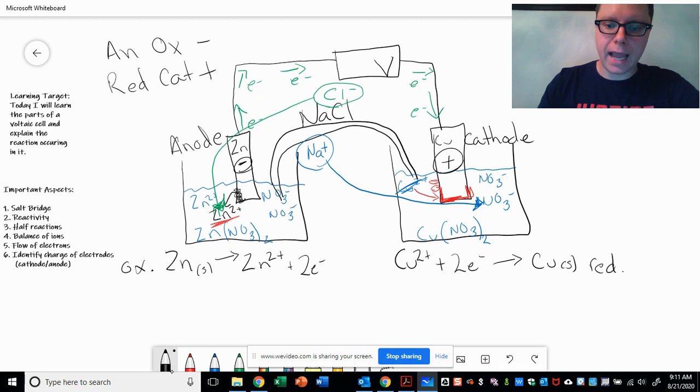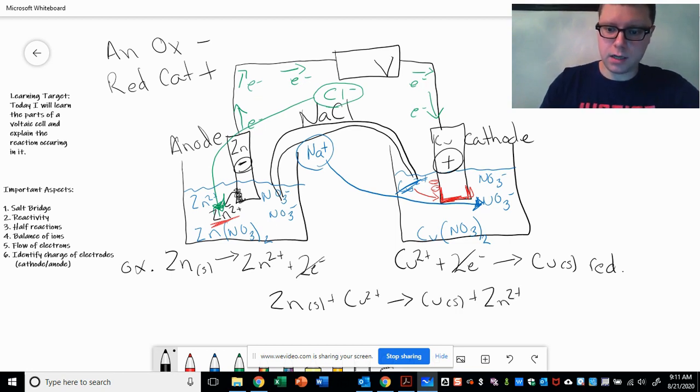We know our half reactions, which can collapse if you wanted it to into zinc plus copper 2. We cancel out the 2 electrons since they're on both sides. Cancel, cancel. That produces copper and zinc ion. And there's your reaction. If you have any questions, make sure you ask us in class and we can describe this in more detail.